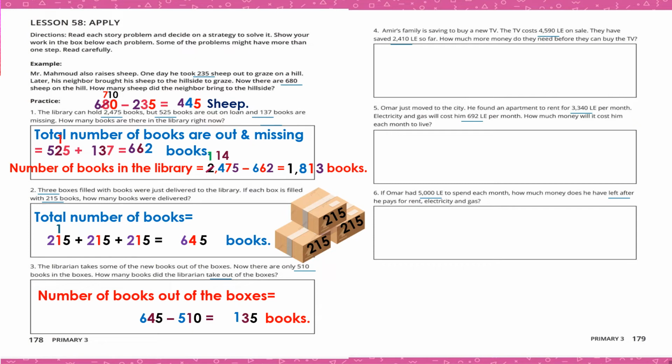What shall we do? How much more? How much more? It's expressing about subtraction or addition. They need how much money to buy the TV?